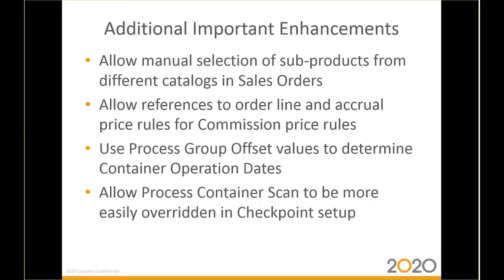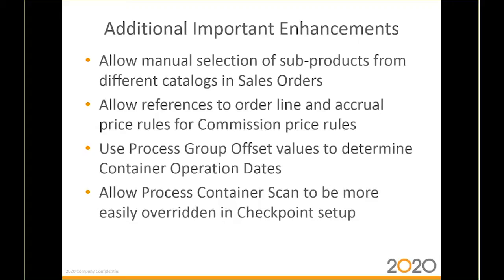The way we do that is we can define an item as what we call an independent subproduct. And that means it can then be added manually to a product structure during order entry across catalog versions. We used to only allow subproduct structure within one catalog version. Now we can actually pull in subproducts from another catalog version into the same sales order.